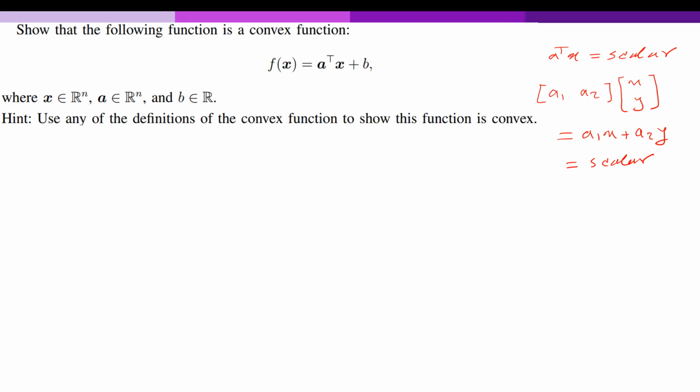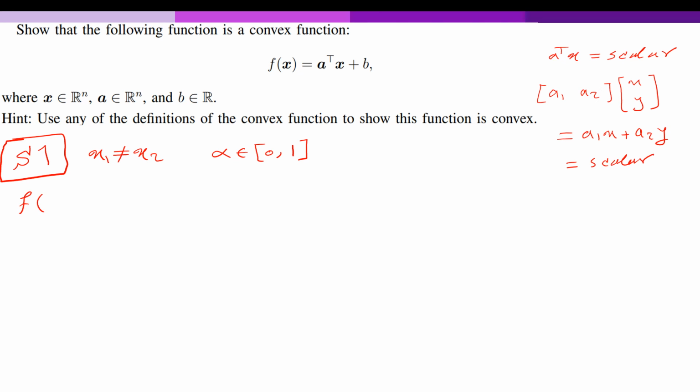To show that this function is convex, first solution, first definition, and color red. We say that first we need to consider 2 points, x1, vector 1, and x2, vector 2, and alpha a scalar in the interval 0 to 1.